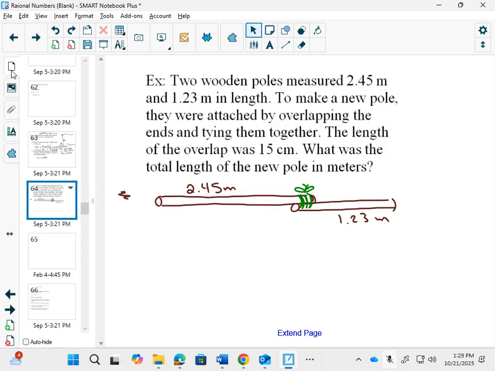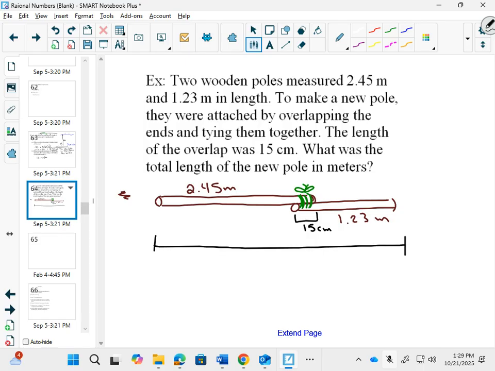All right. And this part from here to here is 15 centimeters. How long is it from here to here now?